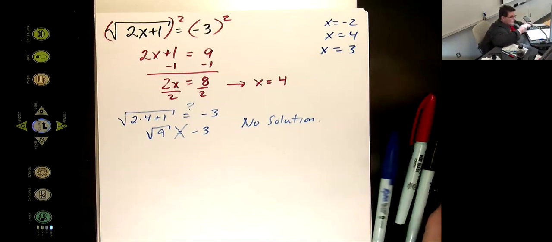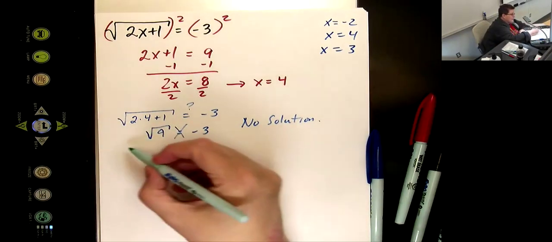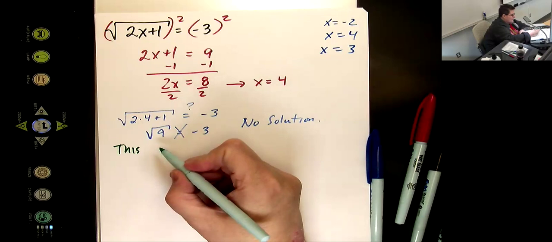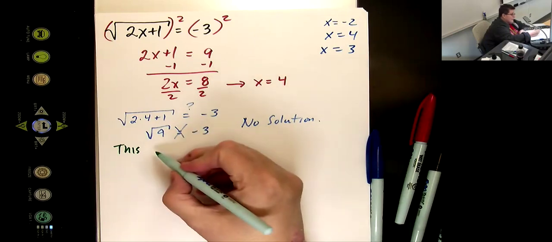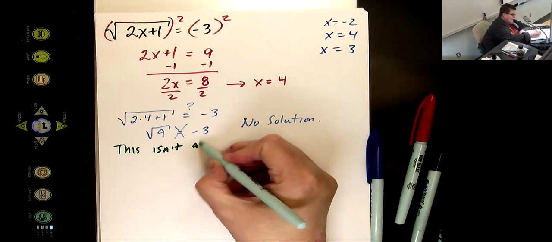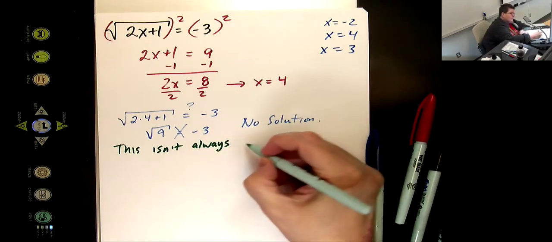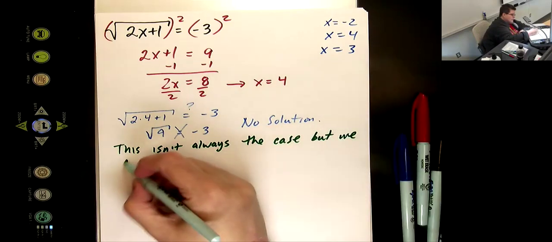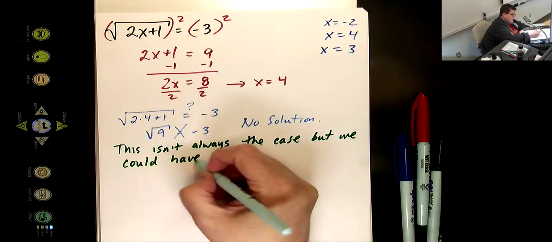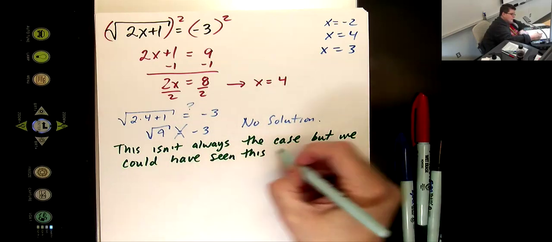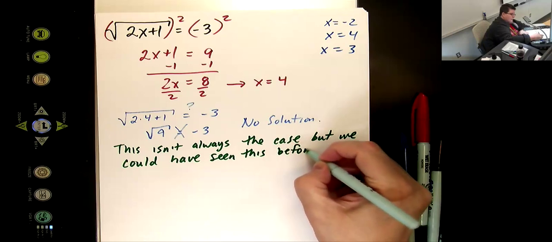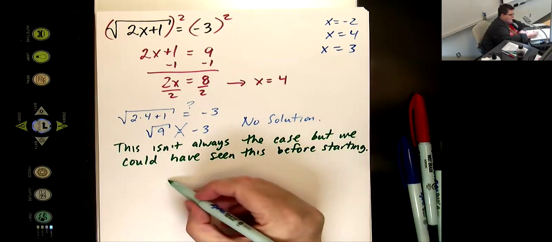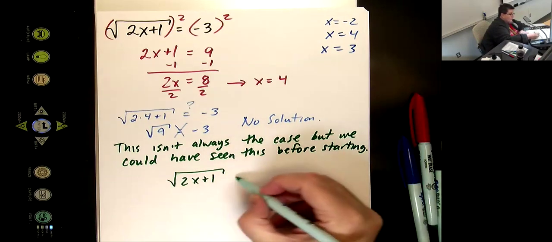This is actually something you could have identified at the beginning, but it's not always the case. Sometimes the problem has 2 solutions. We had the square root of 2x plus 1 equals -3.